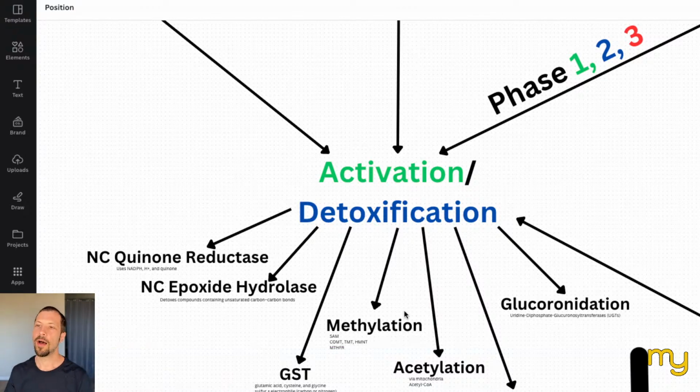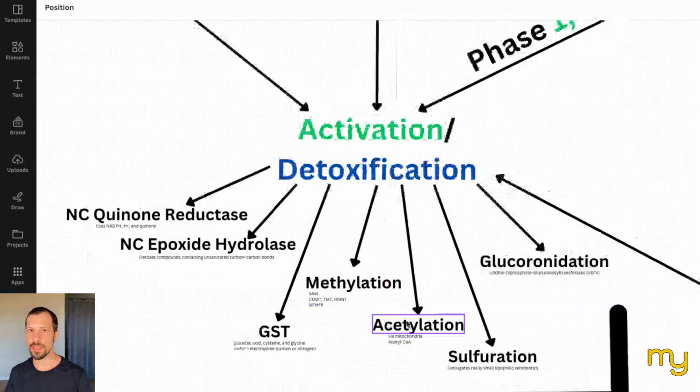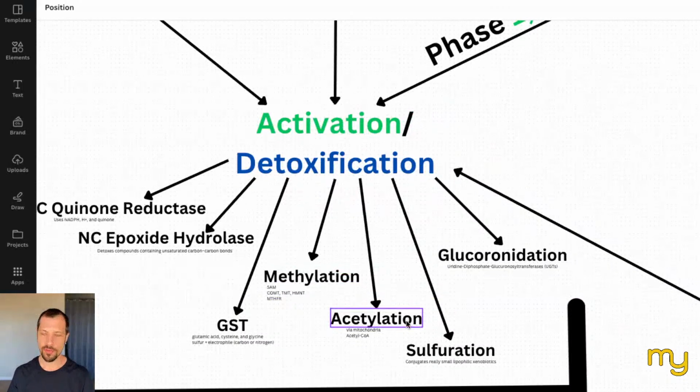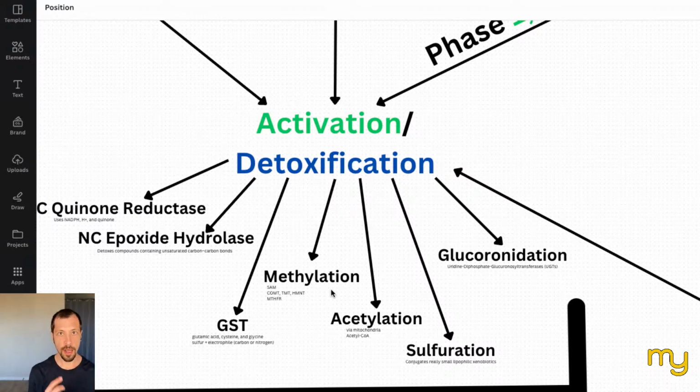We have the more famous one, which is methylation here as well. And methylation, you've heard of MTHFR, adding methyl groups for this transaction to happen, which requires cofactors like S-adenosylmethionine, and other enzymes that are related to it are like COMT or histamine N-methyltransferase.